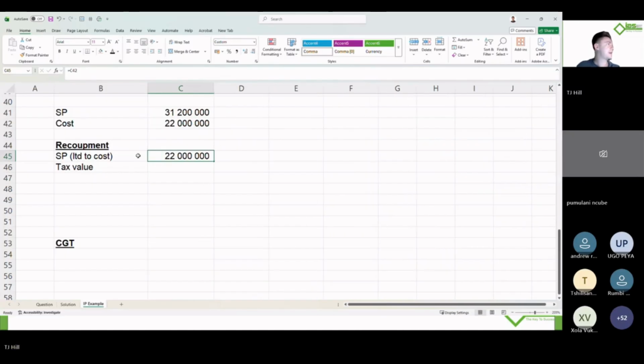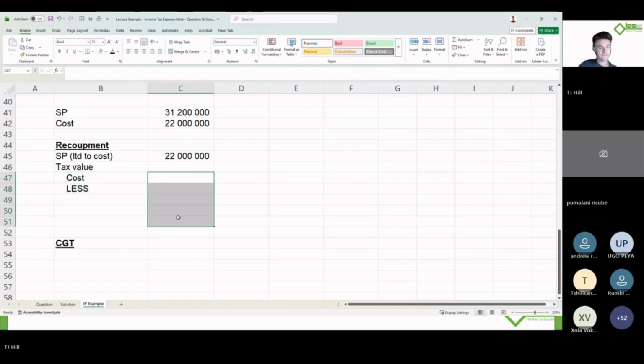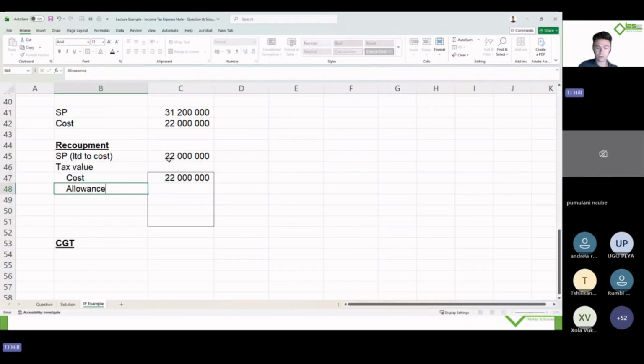Okay. My tax value is my cost less allowances. Just do it like this. Okay, my cost is the 22 less allowances for FY 2022, 2023, and 2024. Do you agree?